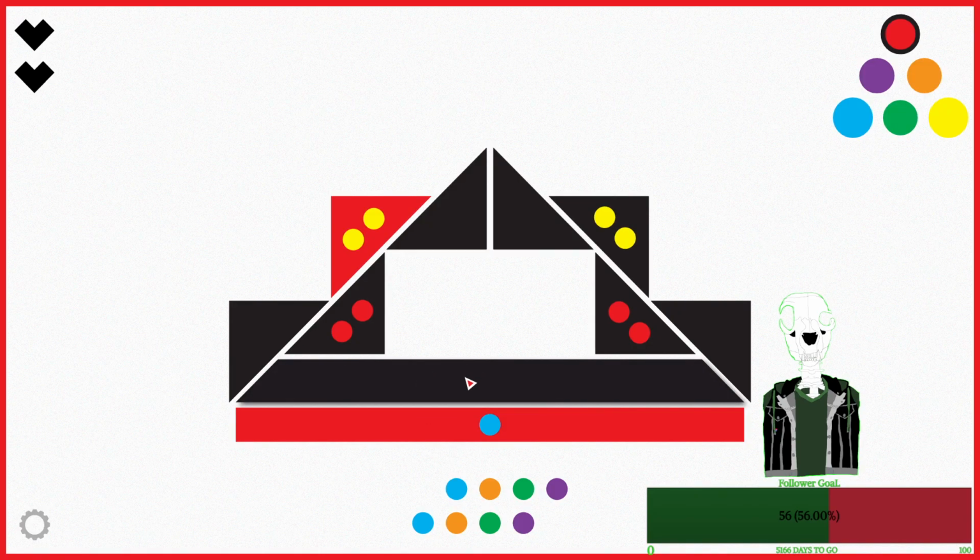This is either going to be blue, green, or purple. So this could be blue because it could be a mix of the red and the blue making purple. But it could also just be blue. Same for this.